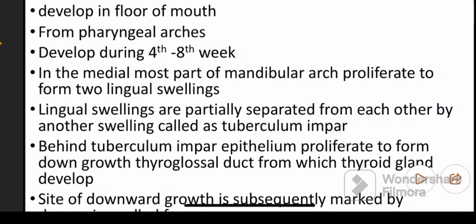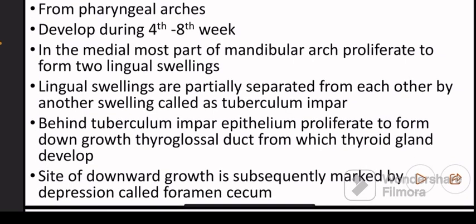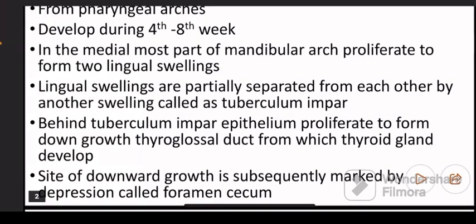Now we are going to discuss the development of tongue in detail. We know that the first pharyngeal arch is also known as mandibular arch, and in the middle of this arch there are two lingual swellings which are separated by a small swelling known as tuberculum impar, and from the tuberculum impar there is a thyroglossal duct which forms the thyroid gland.